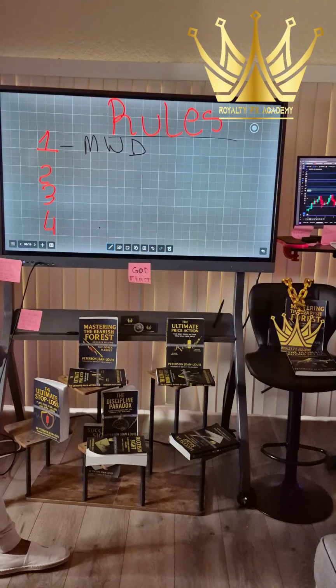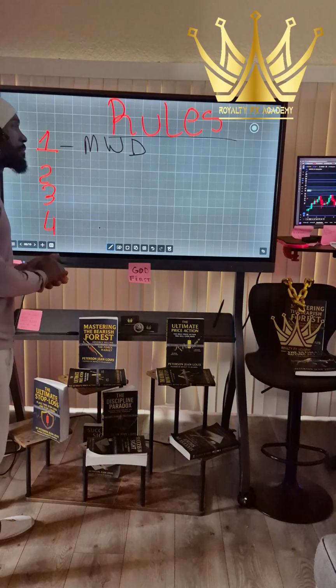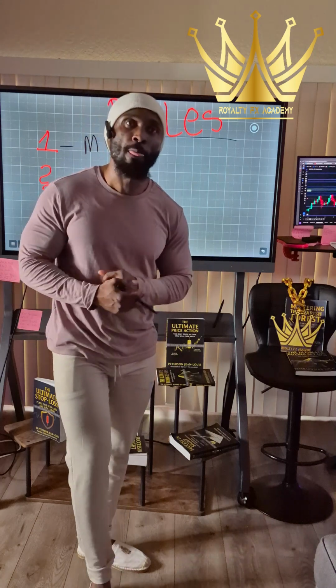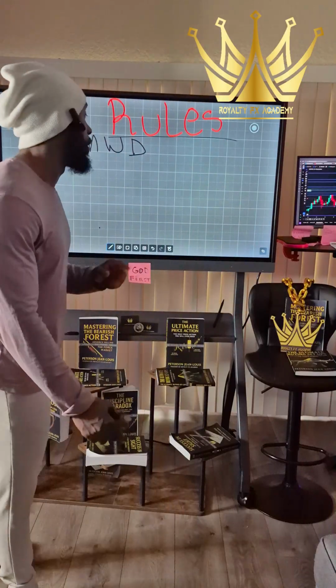Now let's jump straight to rule number two. Rule number two is the time frame that you are going to stay in or pull the trigger in. That's going to be the lowest time frame you are going to use, which is the 4-hour time frame.